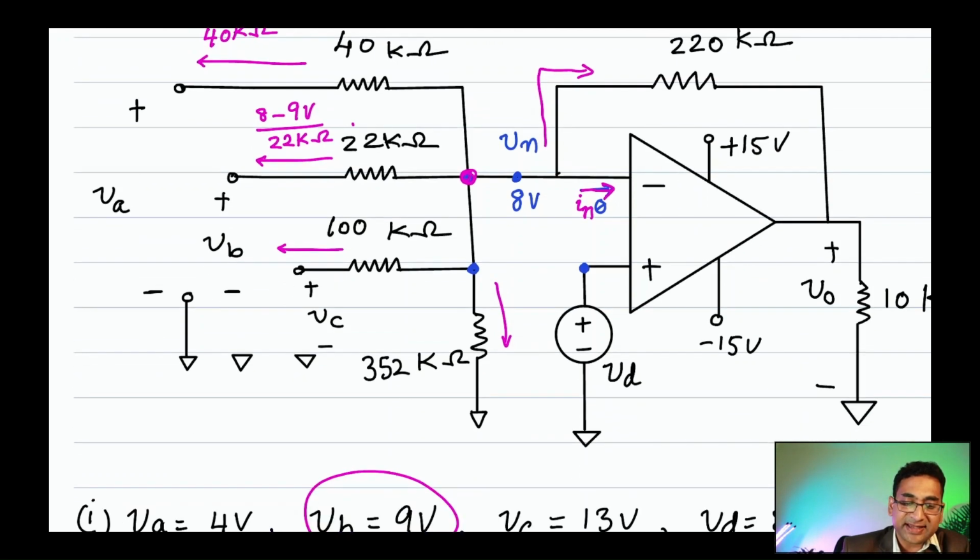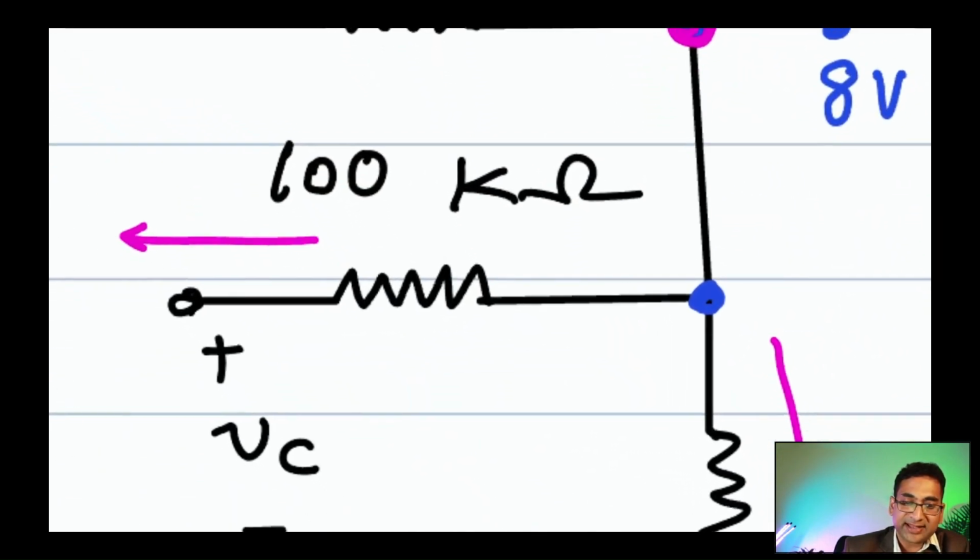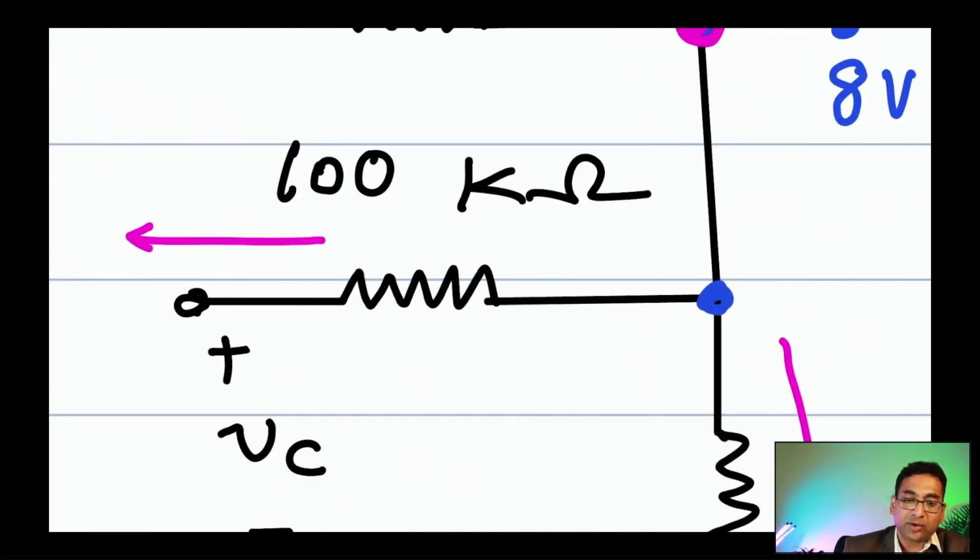Okay, now let's see, the current flowing in the 100 kilo ohm resistance is what? That's the current flowing in this resistance here, 100 kilo ohm.